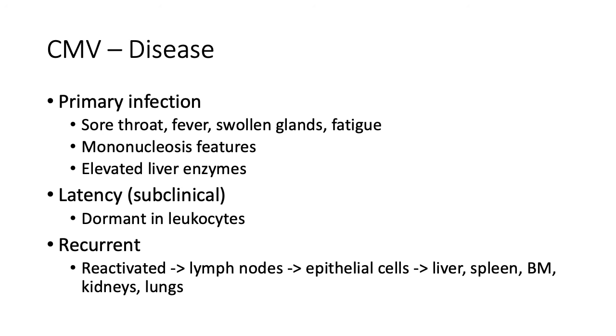When reactivated, it migrates to the lymph nodes. From here, it spreads through the epithelial cells of many tissues throughout the body, including the liver, spleen, bone marrow, kidneys, and lungs. Reactivation of CMV during HIV infection can result in serious illness as well as blindness.